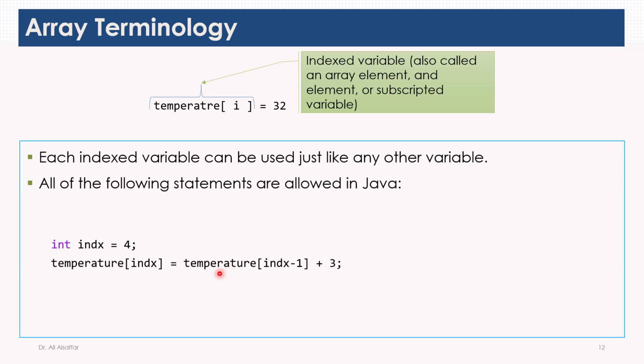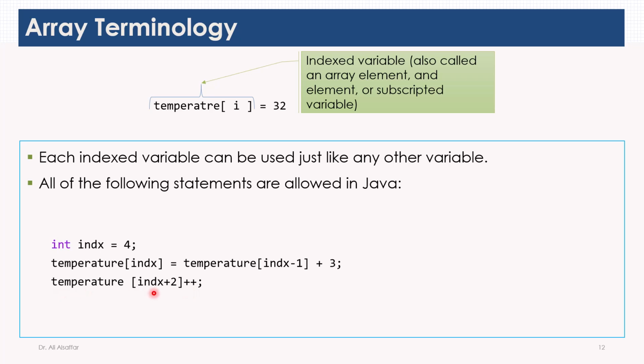Also, we can reference individual elements of index variables and do some kind of arithmetic calculations. For example, in this statement, we are taking the index variable at index minus 1. If index is 4, and 4 minus 1 is 3, we are referring to the index variable at location 3. We add 3 to it and we save it into the index variable that is at location 4. In this next statement, we are writing temperature index plus 2 plus plus.